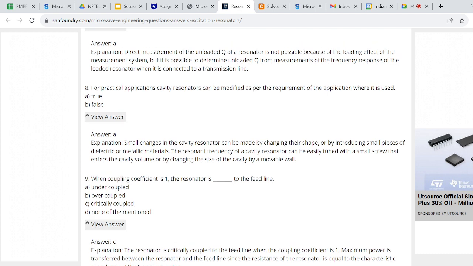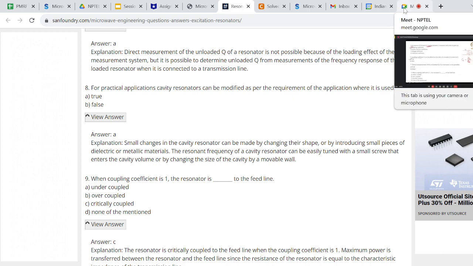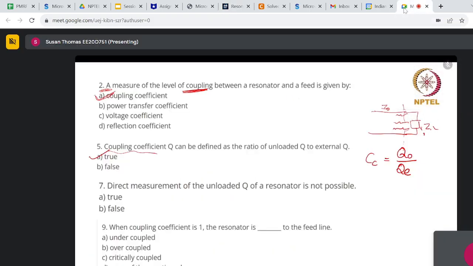Madam, unloaded Q means without connecting load, we have to find it using the formula directly. So imagine you have a resonator, either series RLC or parallel RLC. Based on the L and C, you can write the expression for a Q factor.